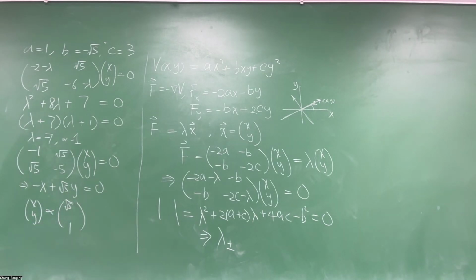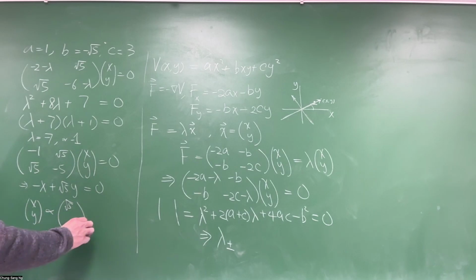Right? You're solving up to a constant, but sometimes you like to normalize it, a so-called normalized eigenvector. To normalize, you divide by the norm of the vector, so the square root of x squared plus y squared. In this case it is 5 plus 1, 6, so the square root of 6.